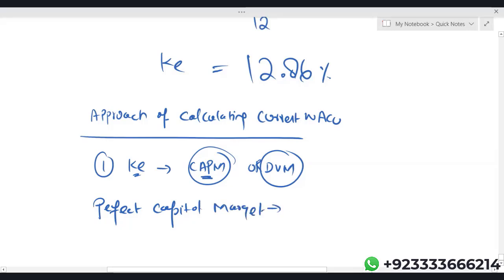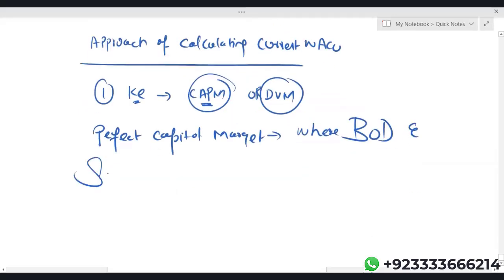Actually, perfect capital market means where BOD and shareholders have the same information.